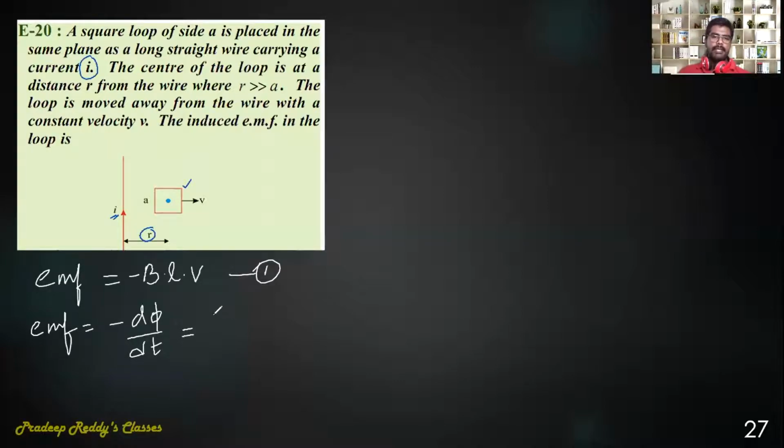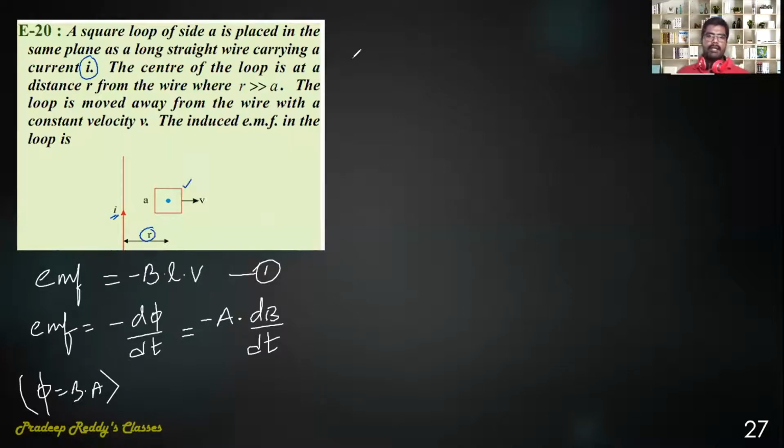So B is variable, therefore area of cross section I will put it out minus dB divided by dt, because phi is equal to B dot A. So I'll just write A is area of cross section of that square loop and B is magnetic field.